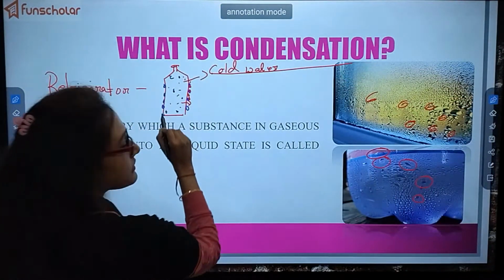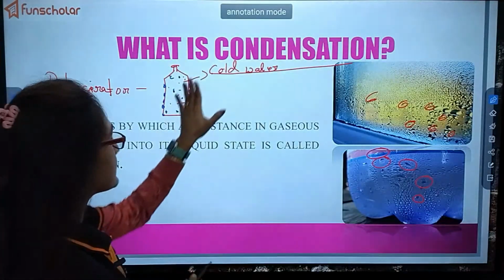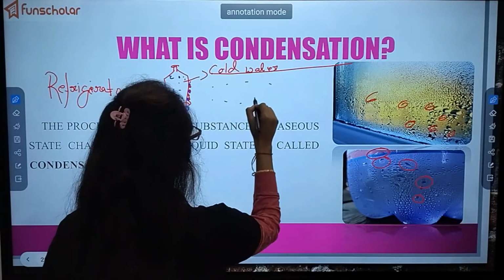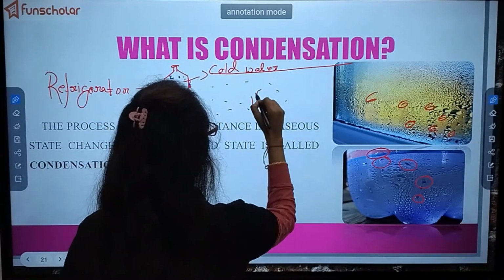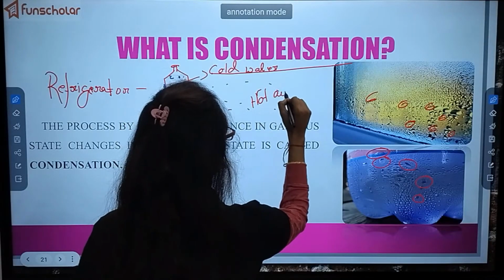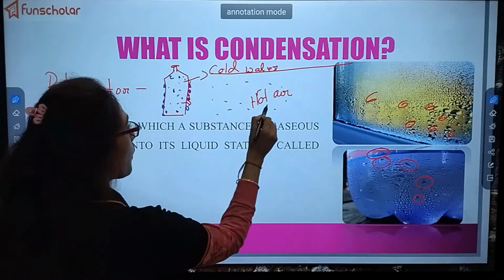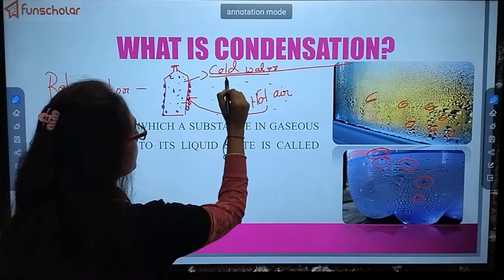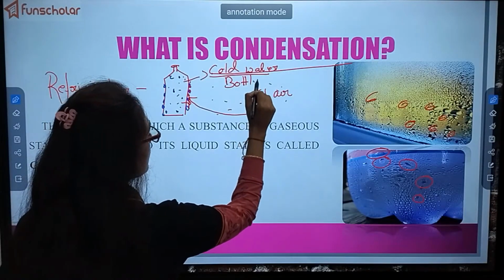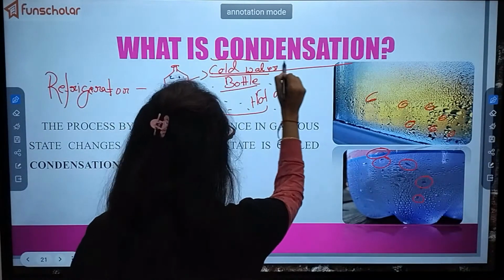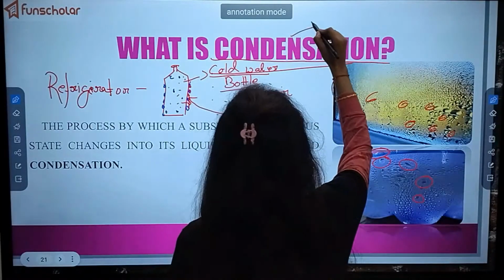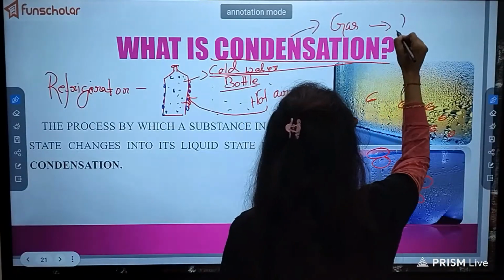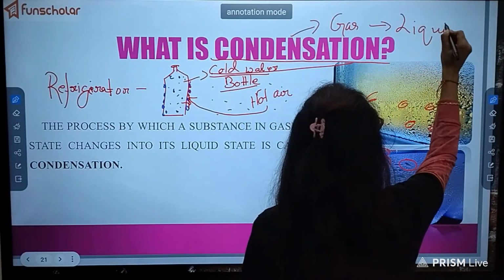What is actually happening, you know? It is cold in nature. The outside temperature is cold, right? In the air, there is hot air. This hot air comes in contact with this cold water bottle, and condensation is such a process by which gas changes into liquid state.